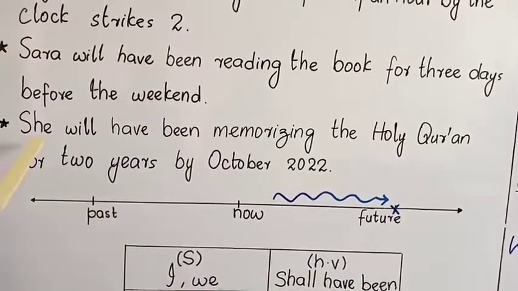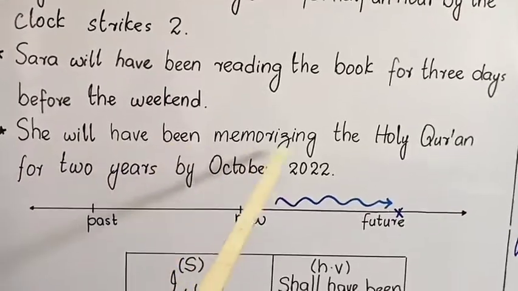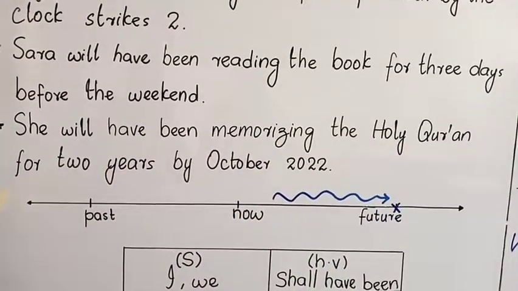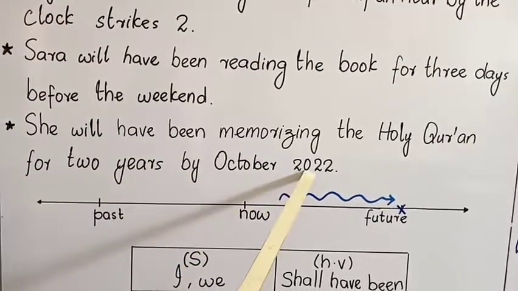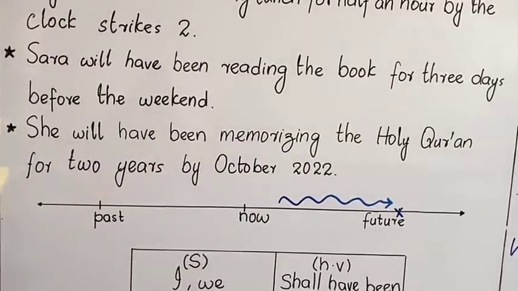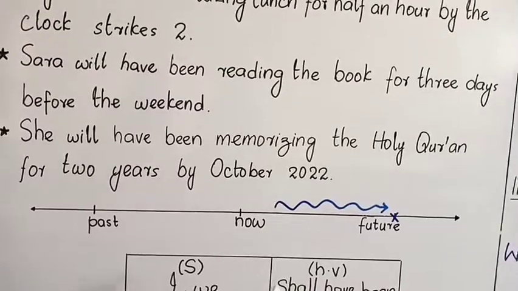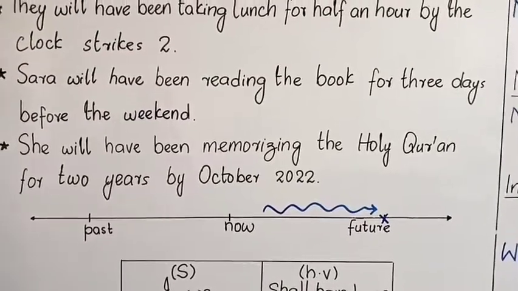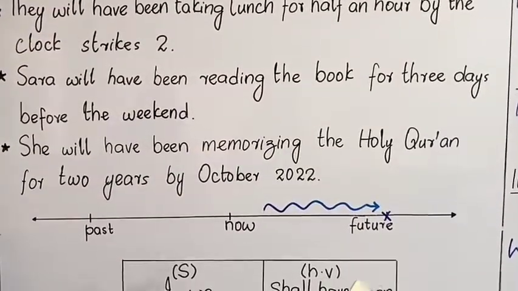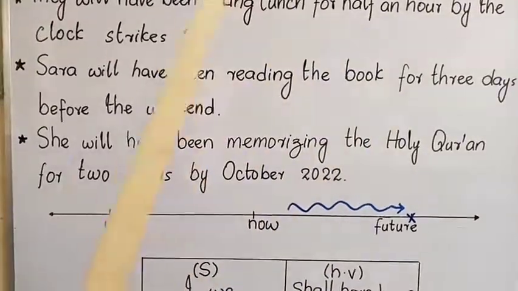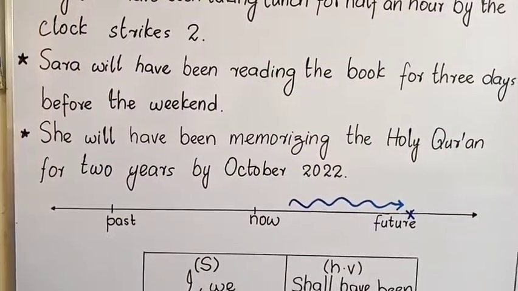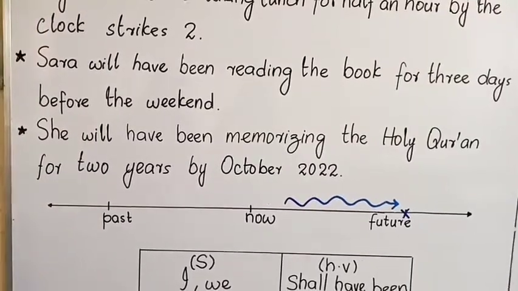Next example is, she will have been memorizing the Holy Quran for 2 years by October 22. So she has been memorizing the Holy Quran, and she will have been memorizing the Holy Quran. But before October 2022, she will have completed her Holy Quran.